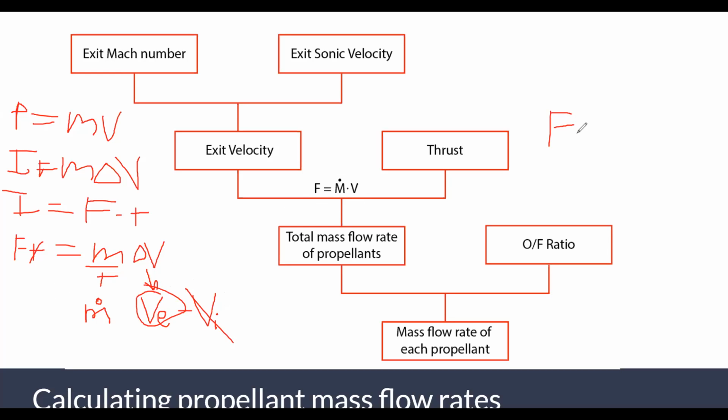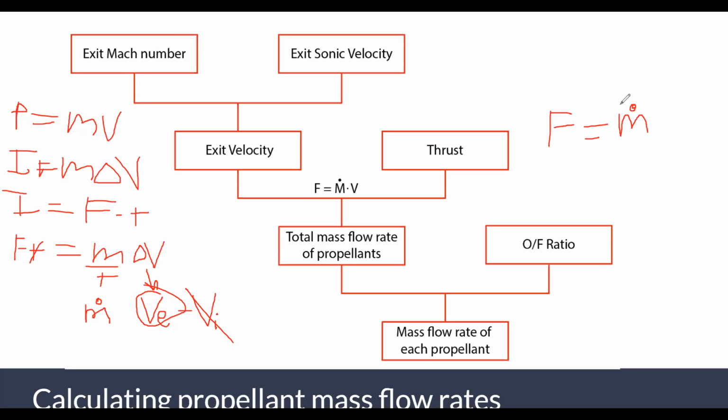So from there, that's where you get this equation. You have force, your total thrust in newtons, equals total mass flow rate of your propellants, which you can assume, since conservation of mass, the total amount of fuel and oxidizer you flow into the engine is going to equal the same amount of mass that flows out as combustion gases. A lot of heat and energy gets released, but the amount of mass in that stays the same.